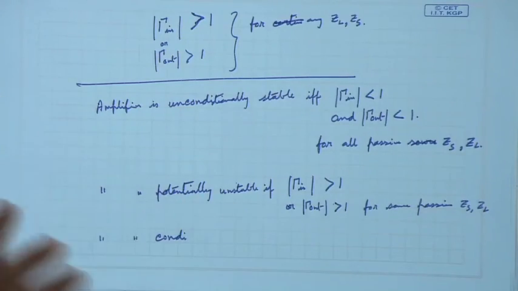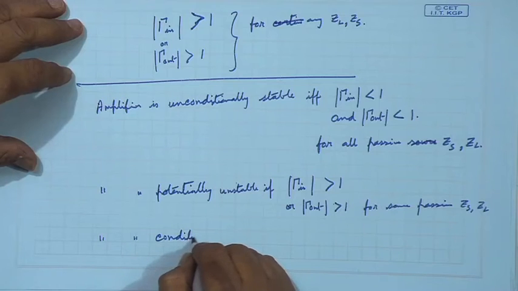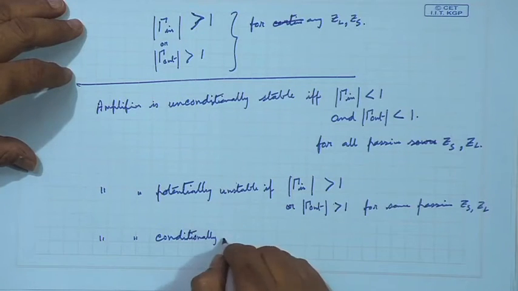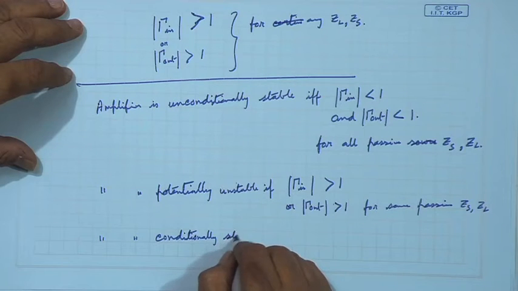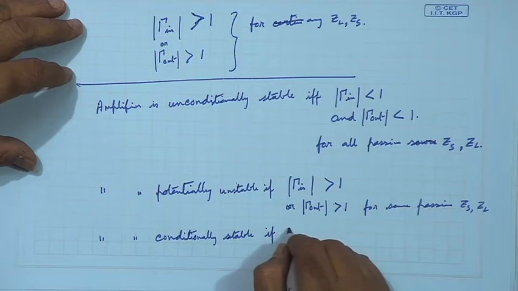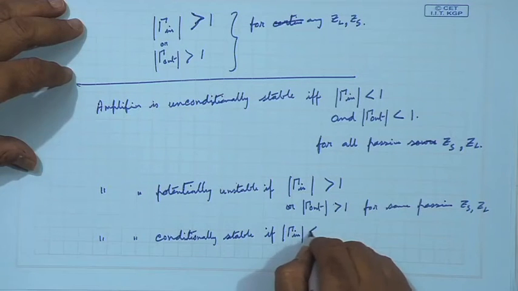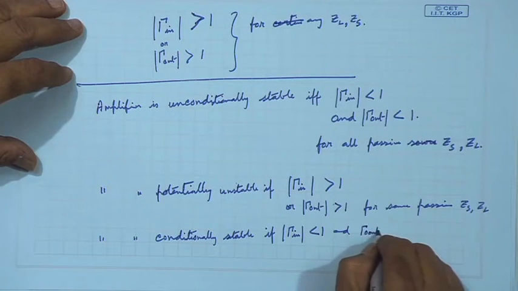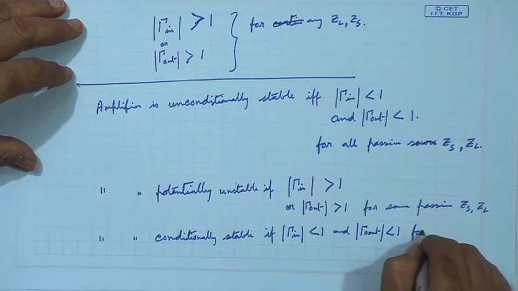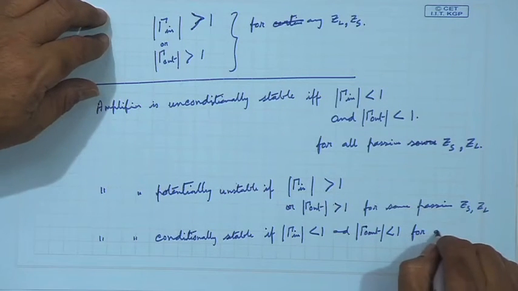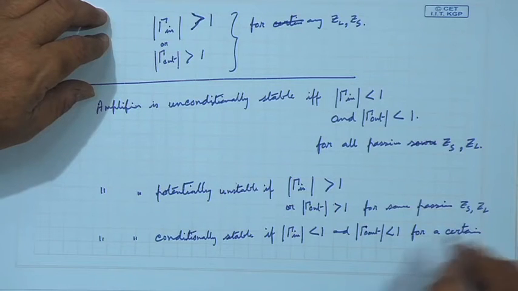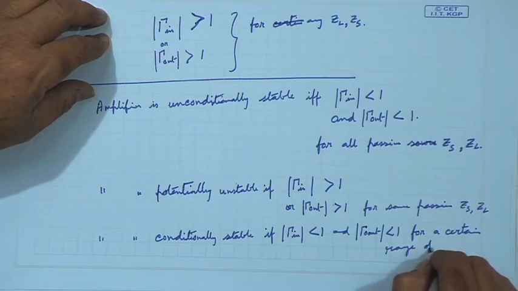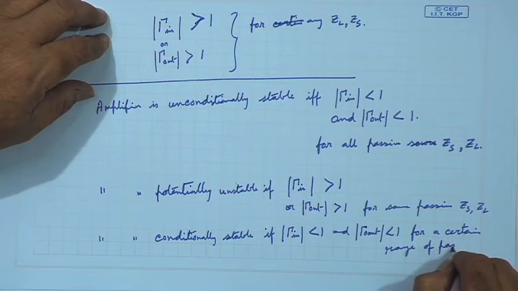If I avoid this set, these particular choices of ZS and ZL, then I will say it is conditionally stable if gamma in is less than 1 and gamma out is less than 1 for a certain range of passive ZS and ZL.